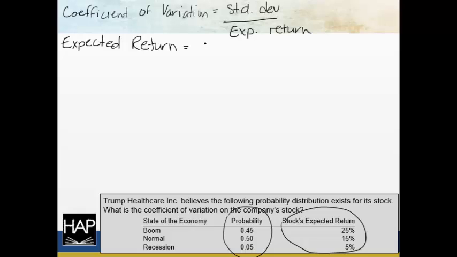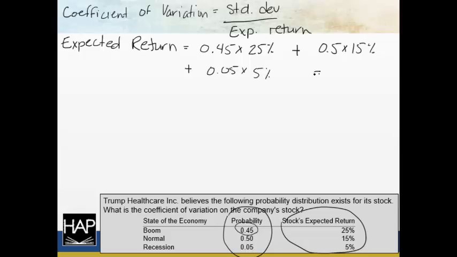So the probability of a boom is 0.45 here. So 0.45 multiplied by the stock's expected return, which is 25% in the boom, plus the normal economy, the probability of that happening is 0.5, multiplied by the stock's return in that economy of 15%, plus the recession, which has a likelihood of 0.05 multiplied by 5%.